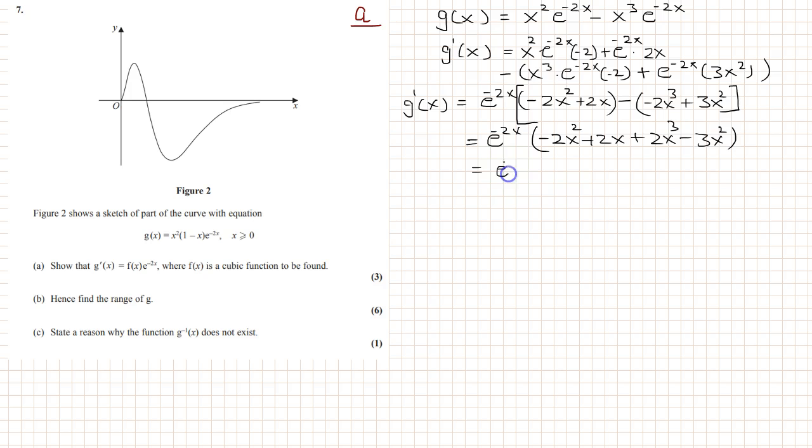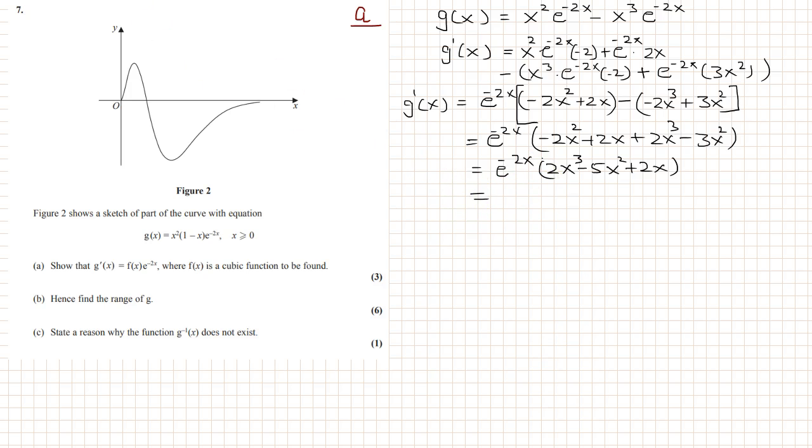That is equal to e to the power minus 2x (2x cubed minus 5x squared plus 2x).